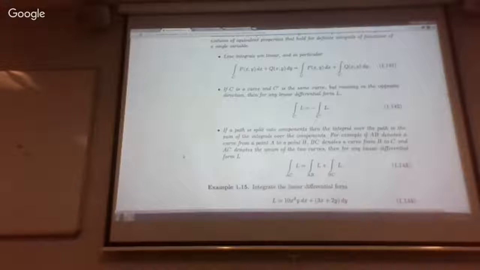Okay. And this is useful because in certain problems that we look at, different parts of the curve are described differently. So the translation, where you translate the integral into just a single variable one, can work differently on different parts of the curve. Okay?